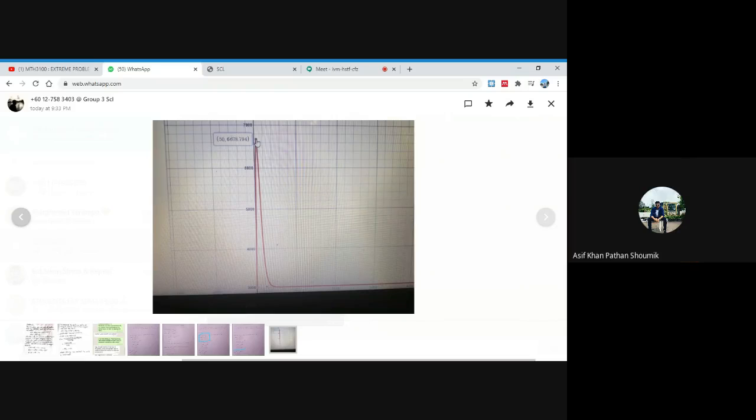So I think the graph is showing that when the t value is 50, the number of customers is largest, which is 6,678, and when the t is 0 at the bottom, we can see that the n value is 3000. So this should be the smallest number of customers.